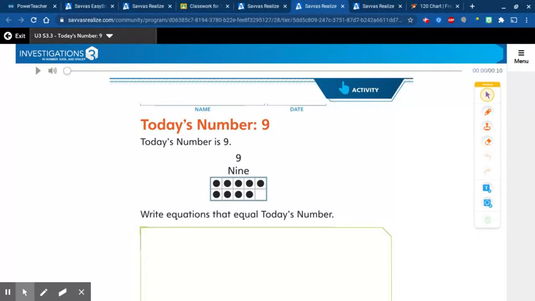Could you do 1 plus 8 equals 9? That's one possible equation. Now you can draw a picture, but we also want you to try to draw an equation or write an equation.